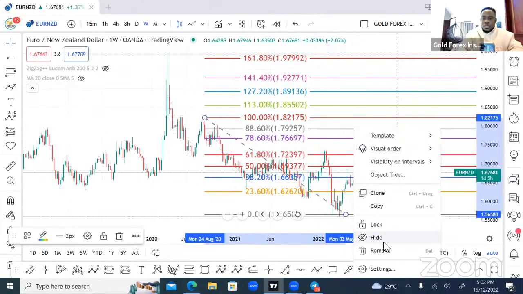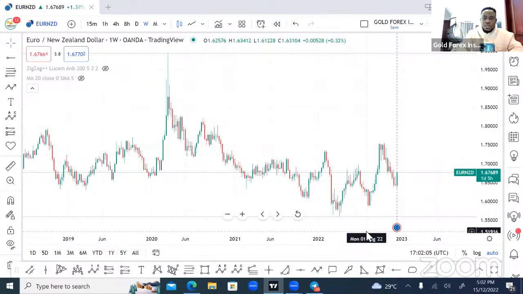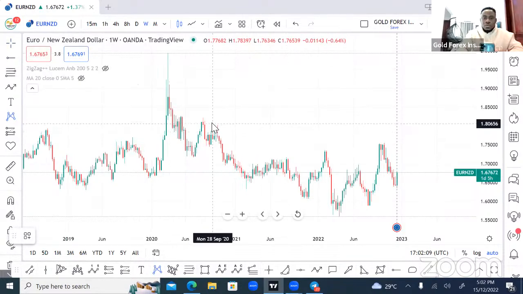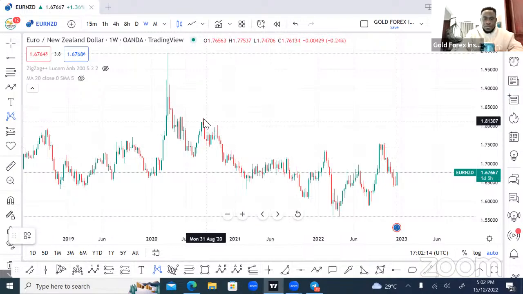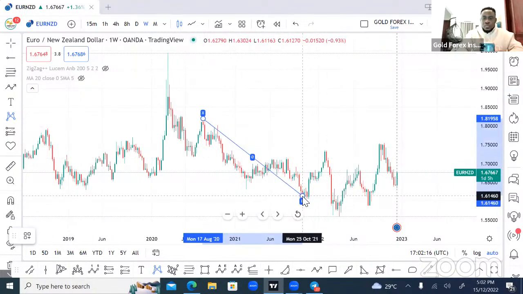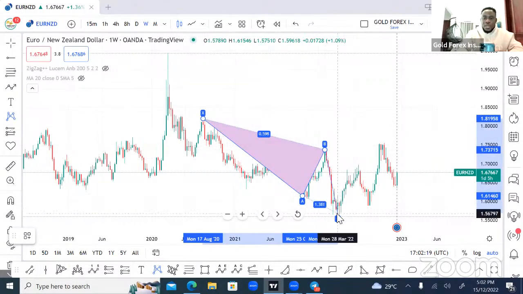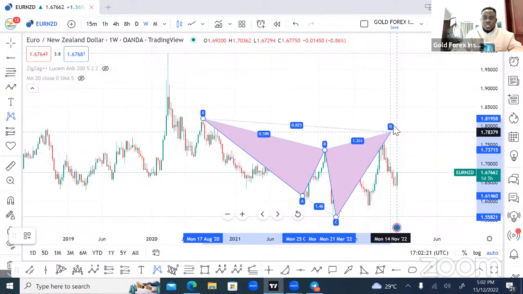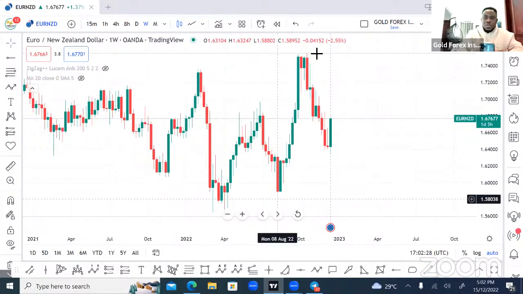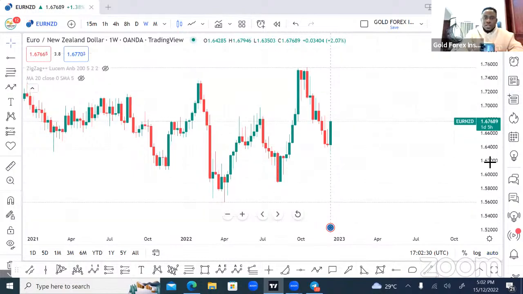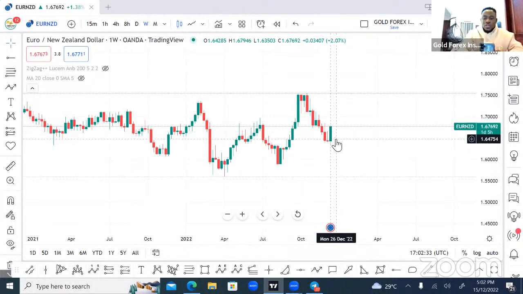I'm looking at harmonic pattern. I don't like picking, so 78 or 88. So that means that this impulsive leg, this will be the whole impulsive leg. I hope the week closes very well as anticipated. Okay.